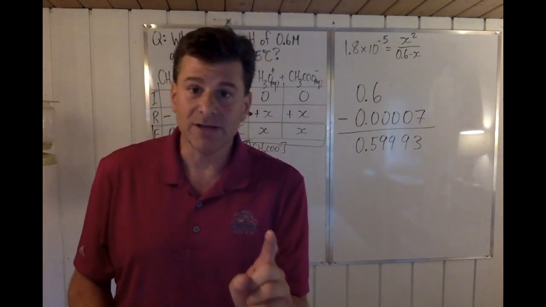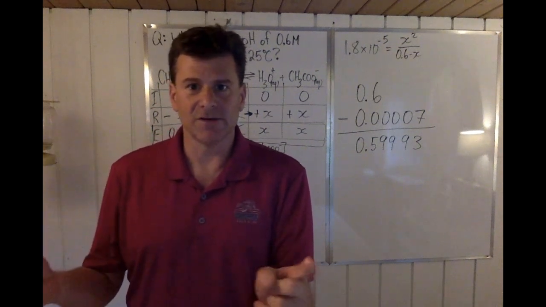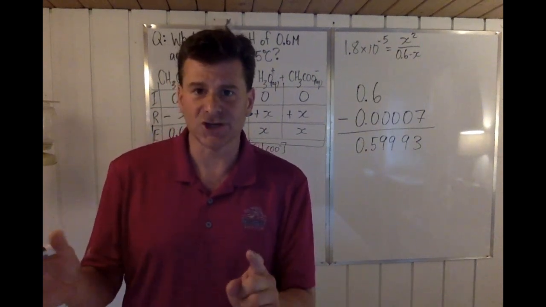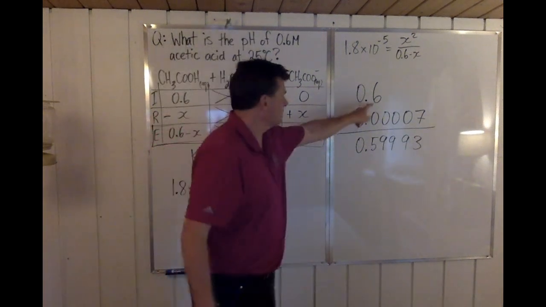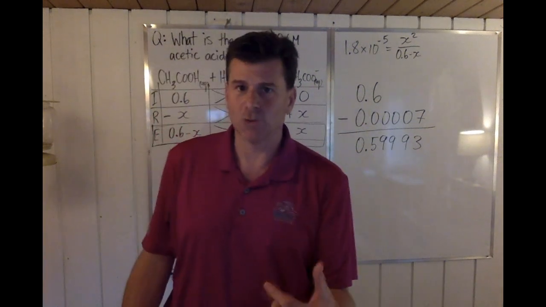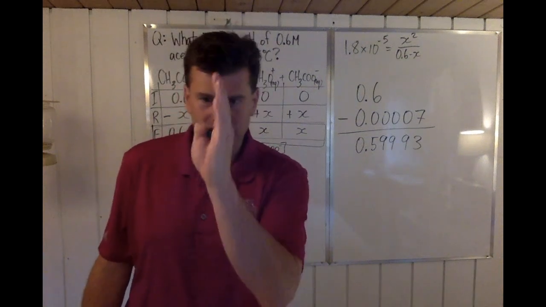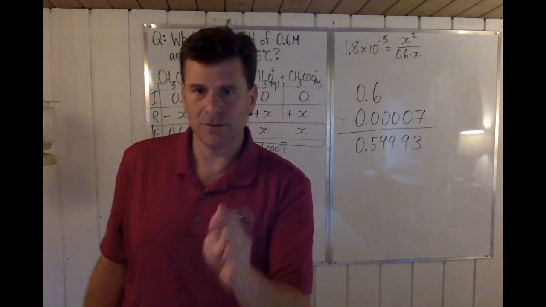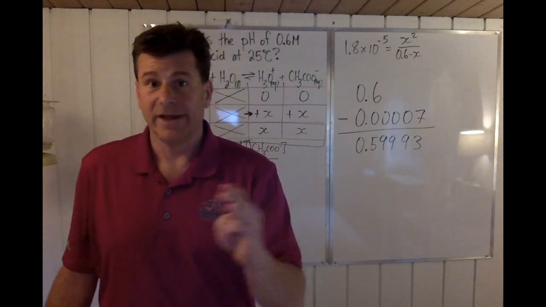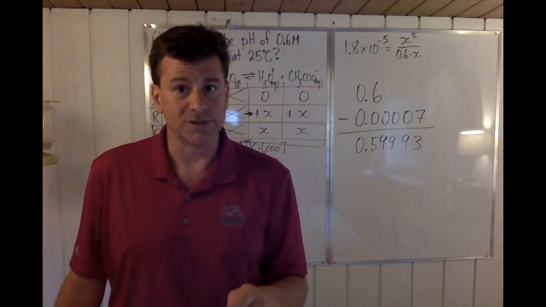But in chemistry, we talk about sig figs all the time, and levels of precision and all that kind of interesting stuff. Well, this 0.6 right here was actually the measured quantity. It went to the tenth of a molarity. The 0.00007 is way more precise than 0.6.